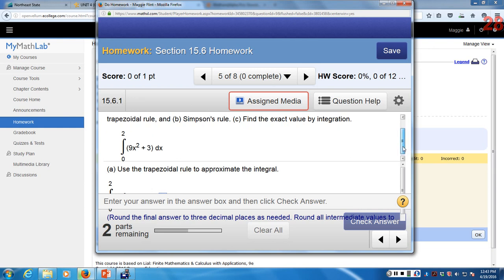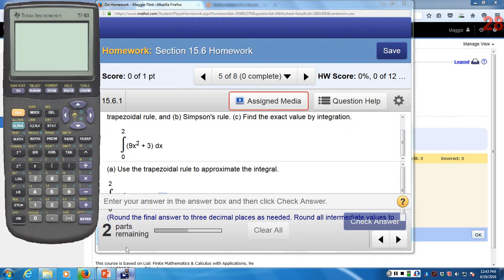So with Simpson's rule and the trapezoid rule, we need 4 increments. We're going to graph the interval. Be sure and turn that plot off when you do this.